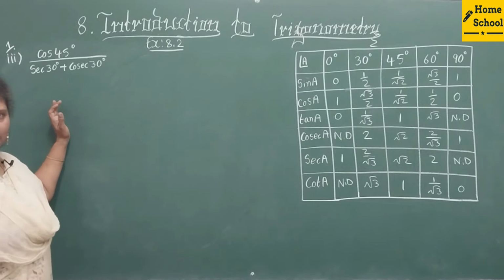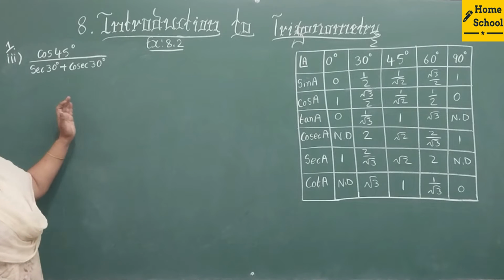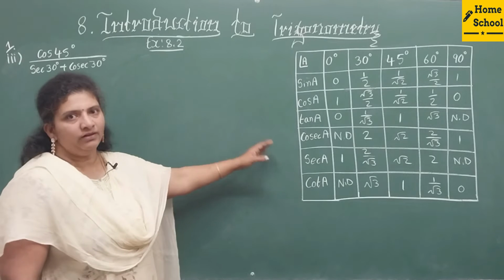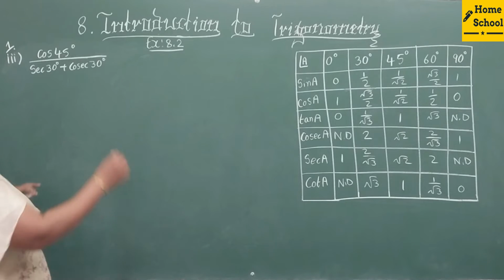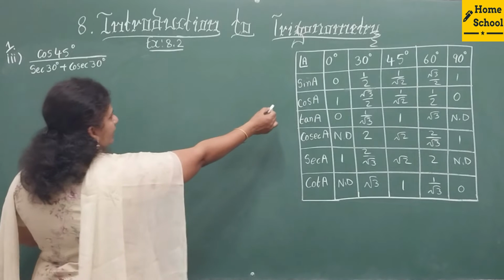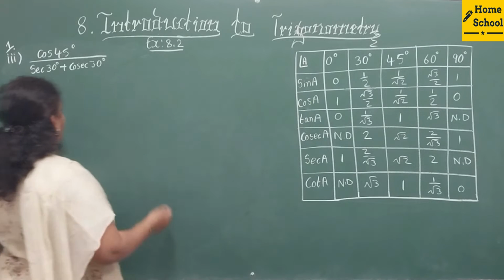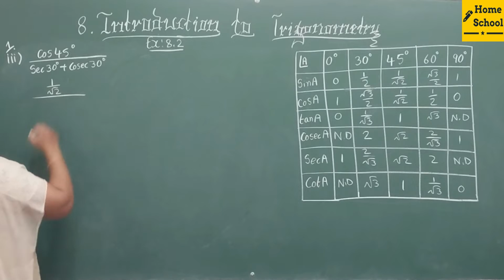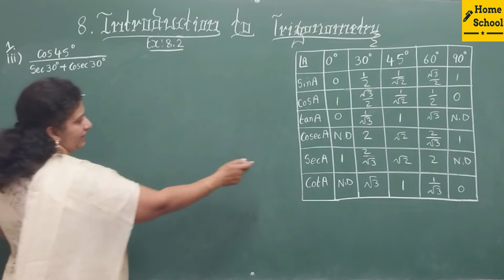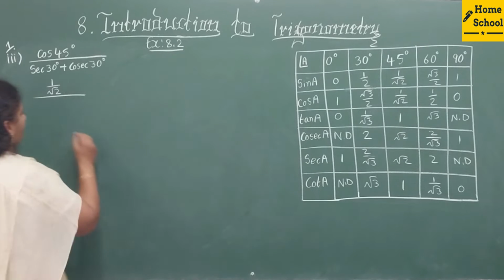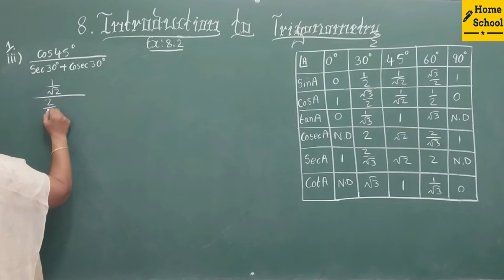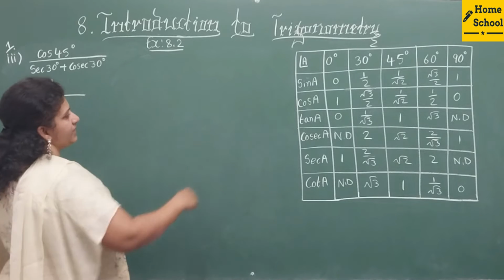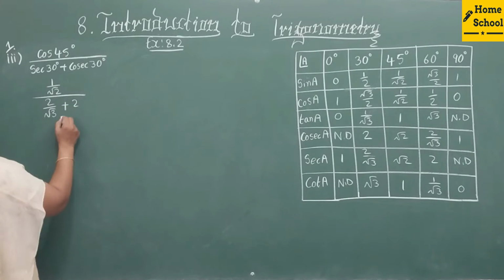Cos 45 degree by secant 30 degree plus cosecant 30 degree. By observing the table, try to say the values. Cos 45 degree is 1 by root 2, divided by secant 30 degree, whose value is 2 by root 3, plus cosecant 30, whose value is 2.